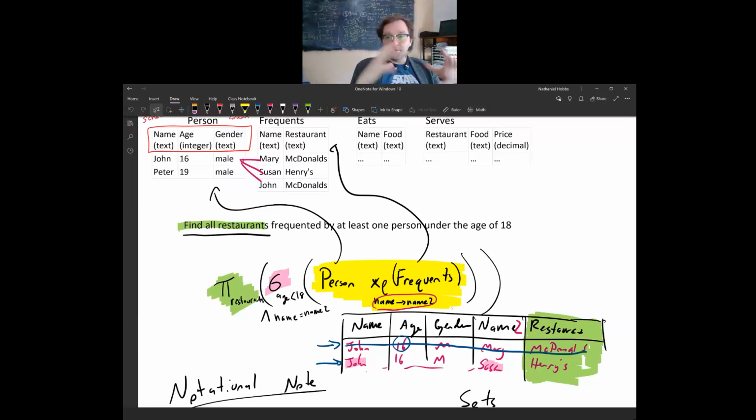And then you project, because you don't care about, in this case, the 5-dimensional vector of name, age, gender, name to restaurant. You just care about the names or the names of the restaurants. So you just return the restaurant column of this relation. Or you project all of these vectors down to a 1-dimensional space of restaurant.